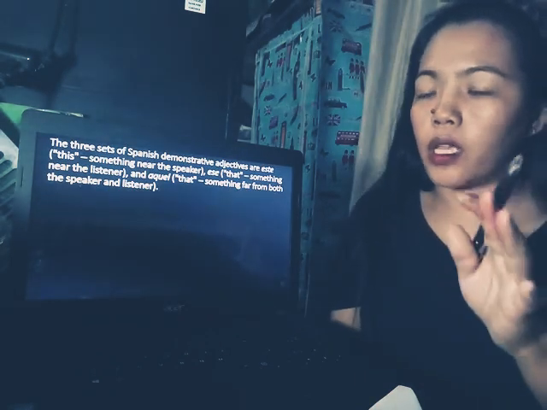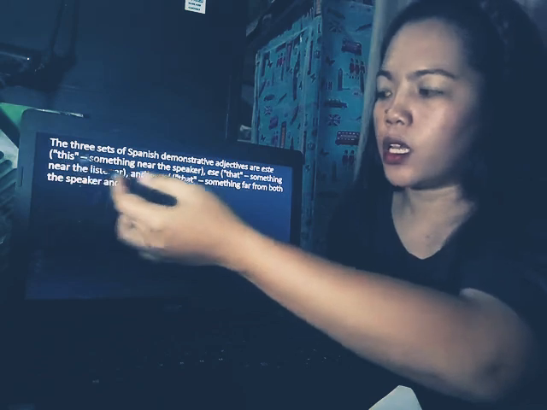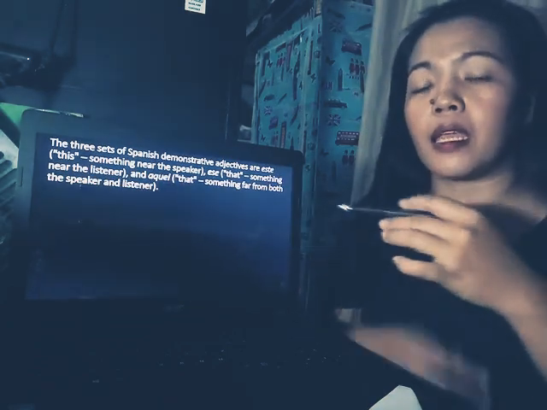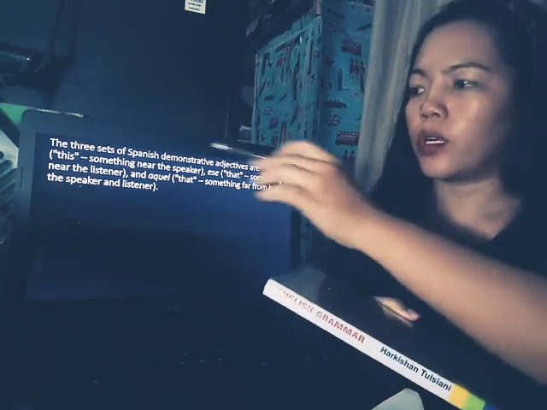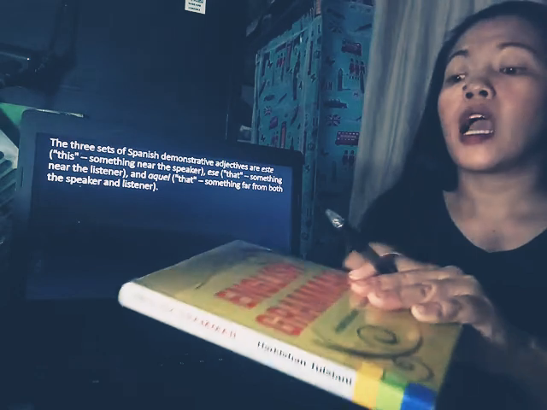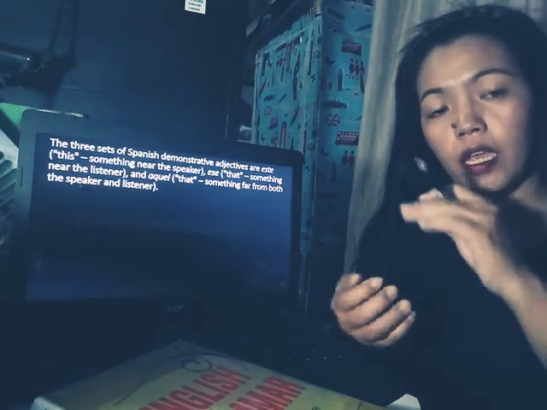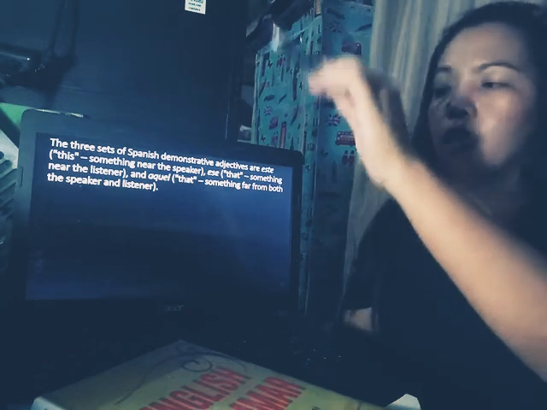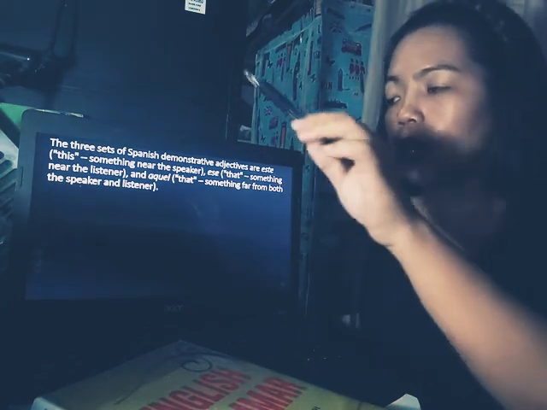Again, you can use este, meaning in Bisaya kini, or this, something near the speaker. Ese, that, kana in Bisaya, and in Tagalog ito, iyan, then iyon.